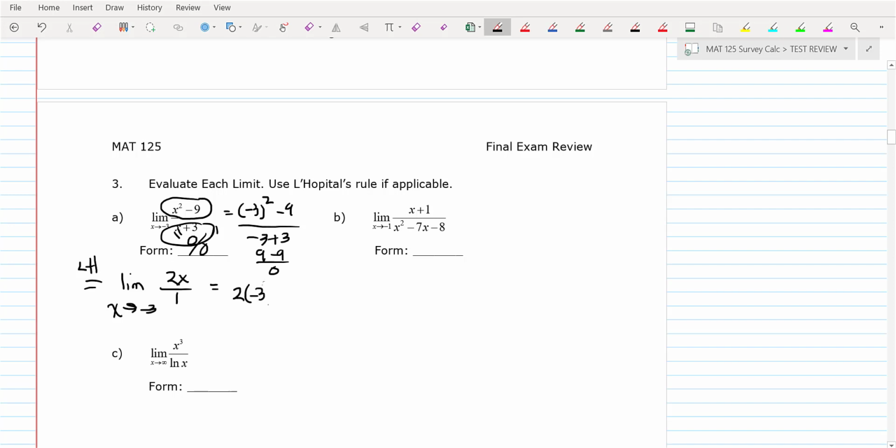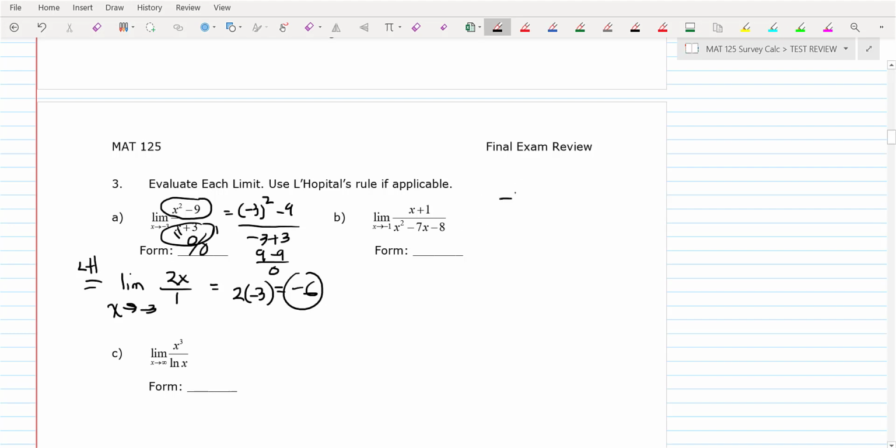So 2 times negative 3 is negative 6. Okay, and by the way, if you had time on this, you could quickly graph that on your calculator and see that it's right visually. If you did that, you can tell you're right, but I would want to see the work on your paper like this, okay?